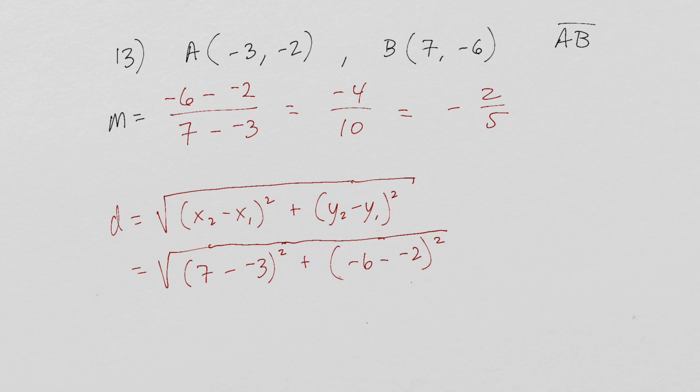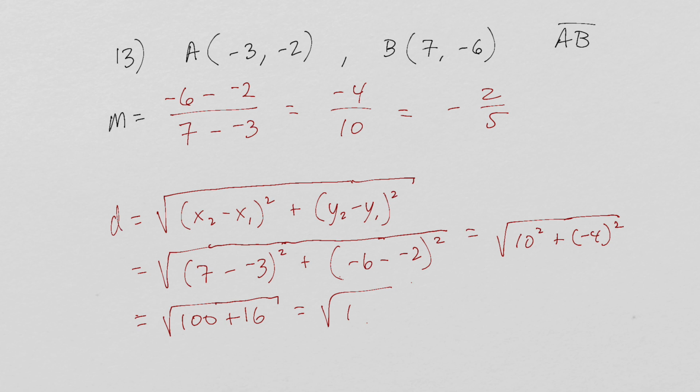But this is going to turn into the square root of 7 plus 3 is 10. Negative 6 plus 2 is negative 4. This is the square root of 100 plus 16, which is the square root of 116.